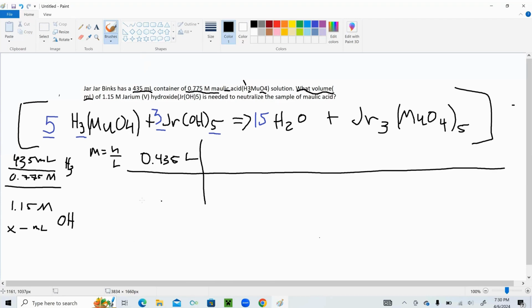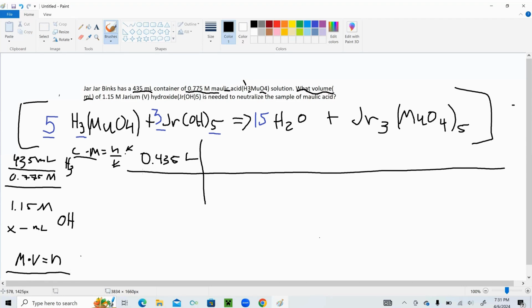This is the second thing. How can we find moles of something? Well, it's very easy. If you look at this from an algebraic point, you just multiply the liters on this side and then multiply the liters on this side. So that gives you M times volume is equal to moles.